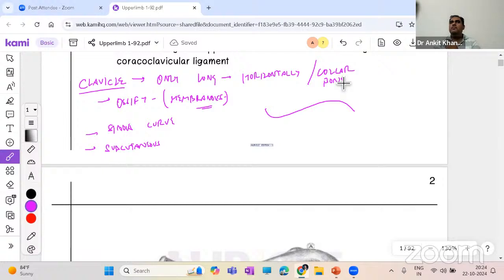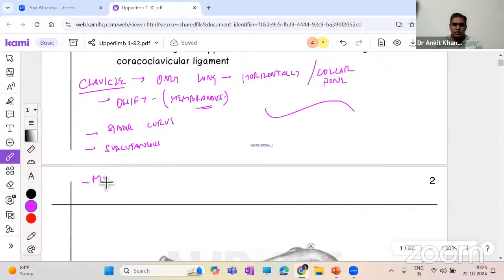When you are feeling this bone, as we are touching it on the medial side, towards the sternum, you should feel that it is more projecting forward. And as you go laterally towards the shoulder, when you feel its sinus curve, you see there's an indentation, or the bone goes a bit inside the body. So this bone medially is more projecting forward, or it is more convex anteriorly. Let me put it into words.